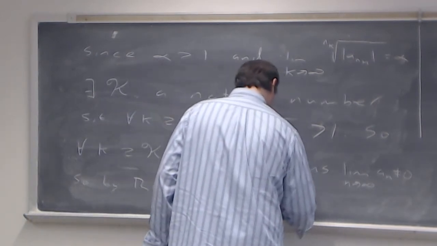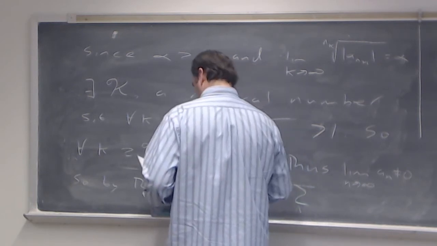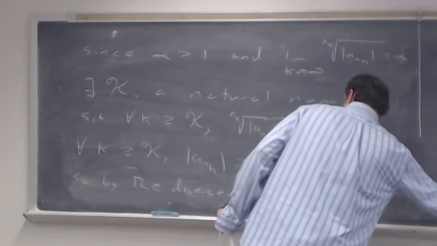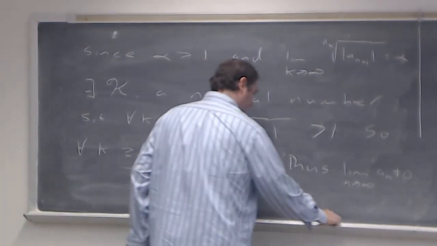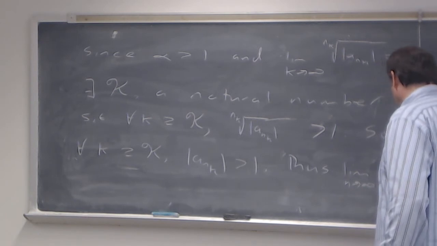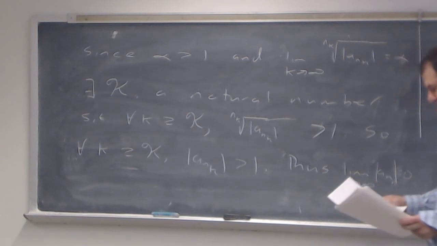Okay? So by the divergence test, this sum that we're looking at. Oh, I'm sorry, I skipped some things. Maybe I should put some more details. But this means that the limit of a sub n sub k is different from 0.